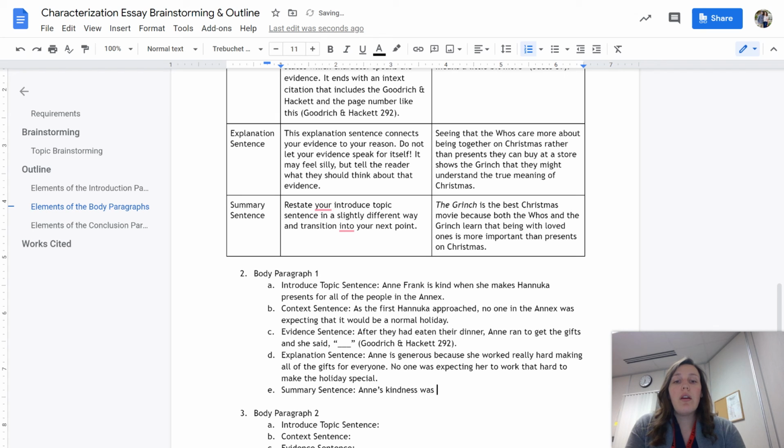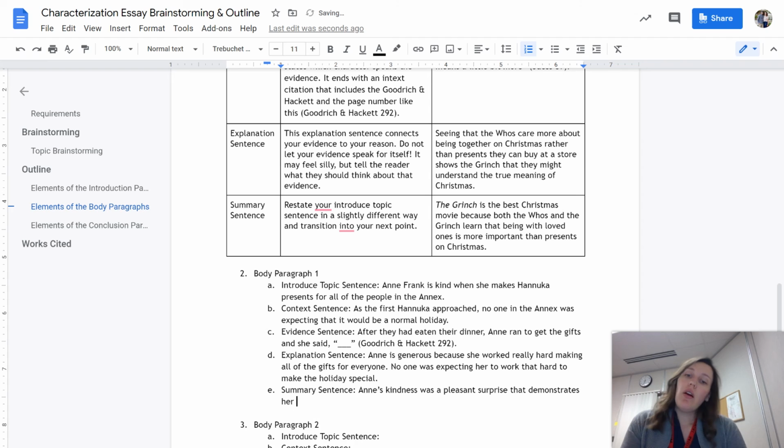Kindness was a pleasant surprise that demonstrates her growing maturity. And so this is this paragraph's point. So kindness, and I want to transition into my next word. So if my next word was like brave, then demonstrates her growing maturity.